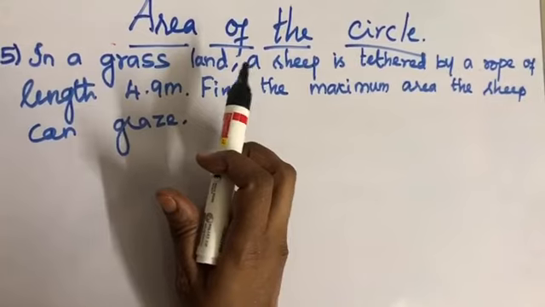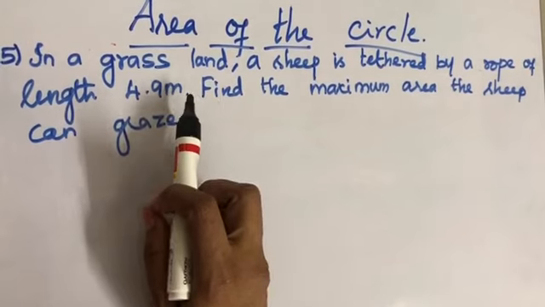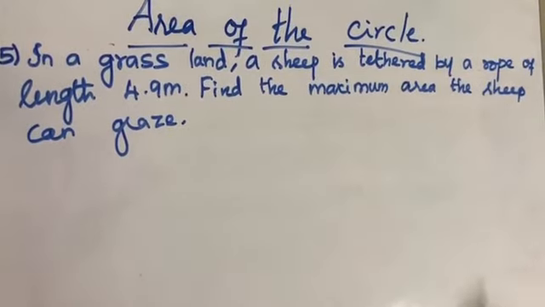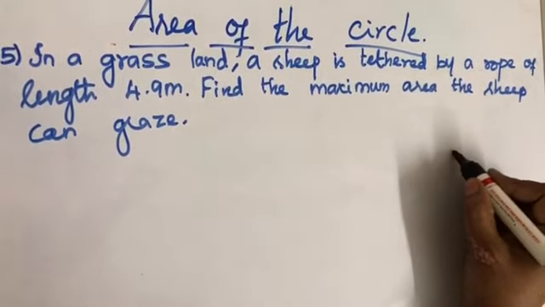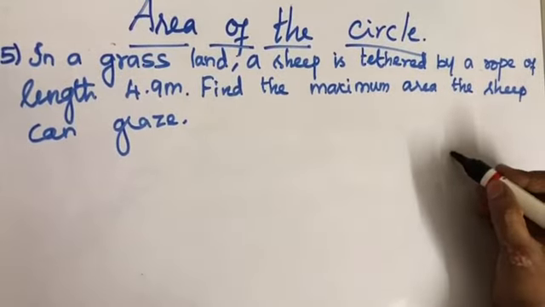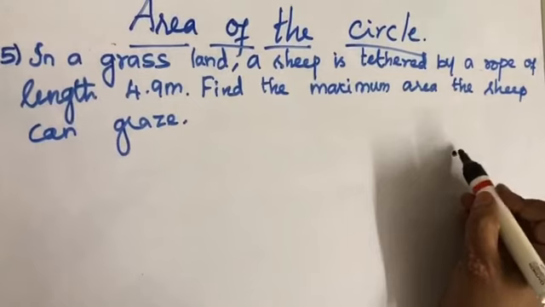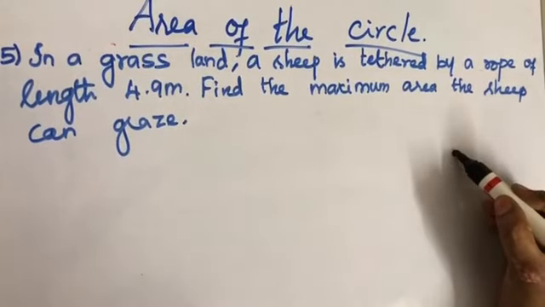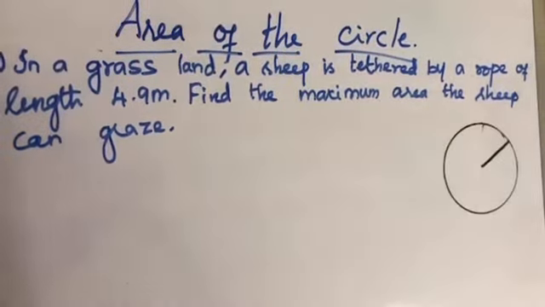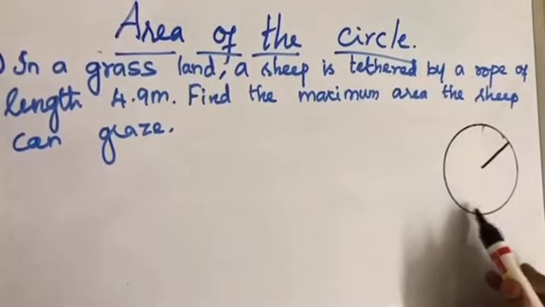In a grassland, a sheep is tethered by a rope of length 4.9 meter. Find the maximum area the sheep can graze. Okay, so a sheep is tied up in a land. If the sheep is tied up to this peg or something else, it can go around as far as the length of its rope, right? Yes, the sheep can go anywhere in between.